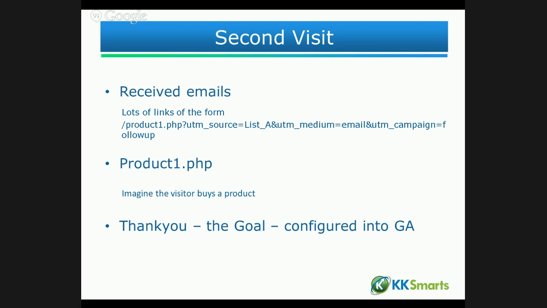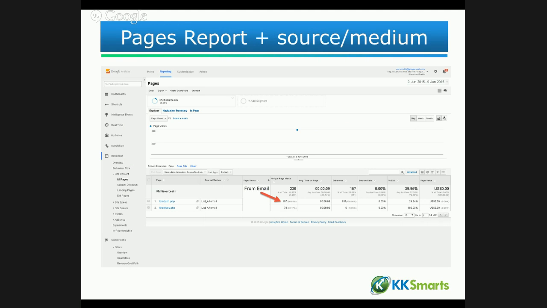And you would typically think, well, that's what the goal is going to be that I want to configure into Google Analytics. Yeah, absolutely right. But if you just look at it simplistically, and you look at product one, and you say, where's my source for the people who come to the product page?